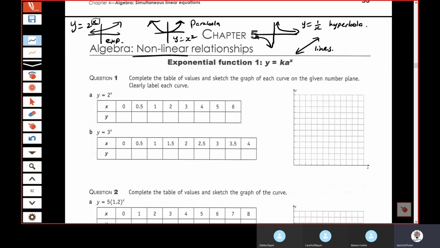And then that's x squared, and that's 1 on x. So the x is on the bottom. X has a power, x being squared, x in the denominator. Hyperbola, parabola, exponential. Exponentials, that's not a straight line. Like I said, you're going to see how it looks in a second.